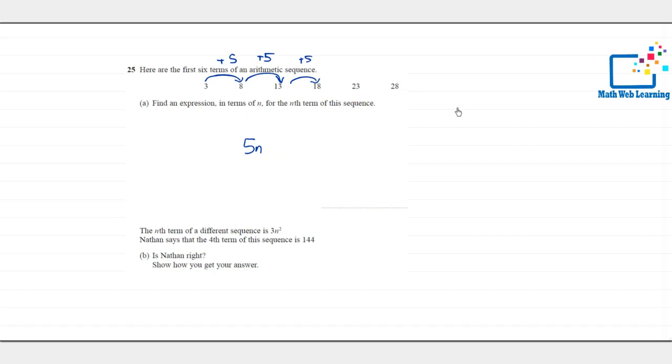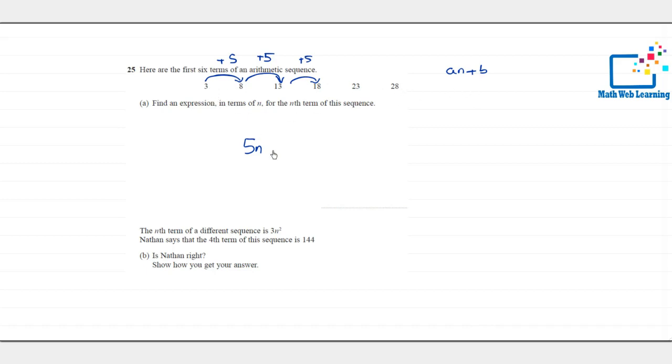Now, how do you find the number that comes after this? Because usually expressions of a sequence will be of this form, an plus b. We got an, this one here. We need to have plus b. Mind you, b can be anything, positive, negative, can even be a decimal number.